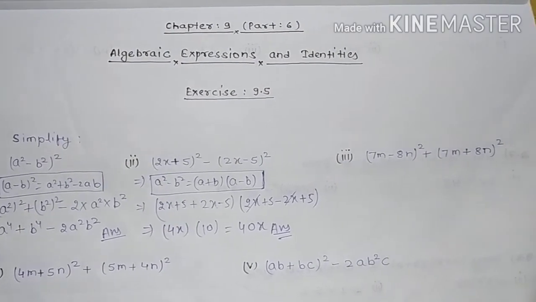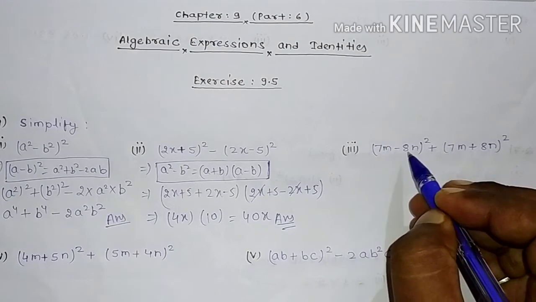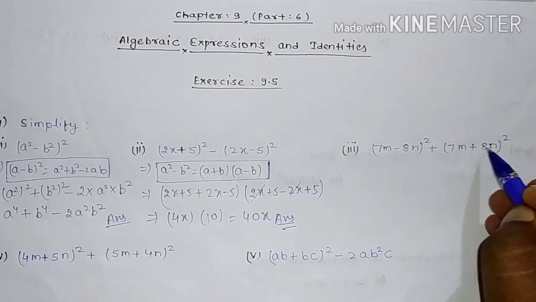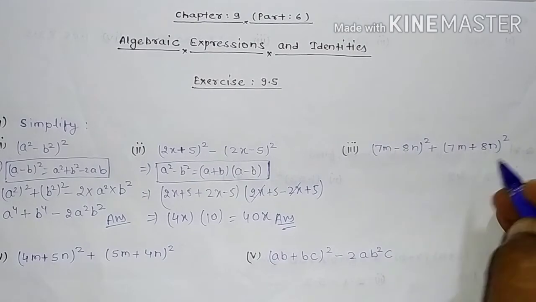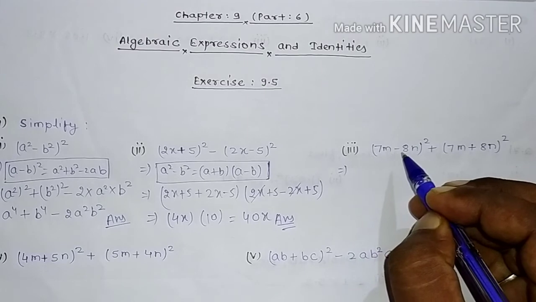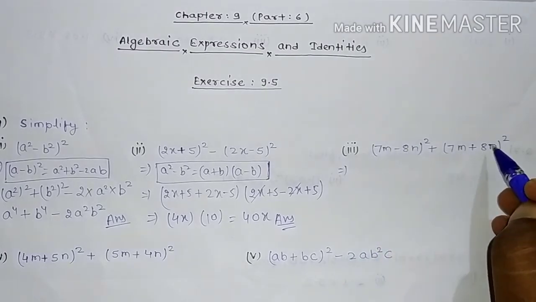Now the next question is question number 3. (7m minus 8n) to the whole square plus (7m plus 8n) to the whole square. Here again, let's suppose 7m minus 8n equals a and 7m plus 8n equals b.